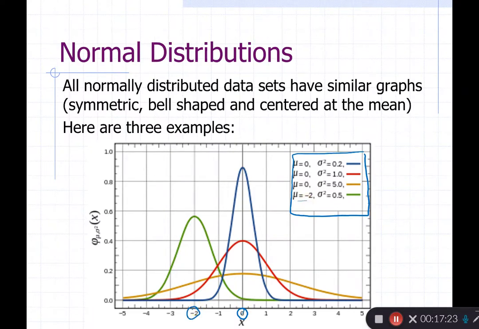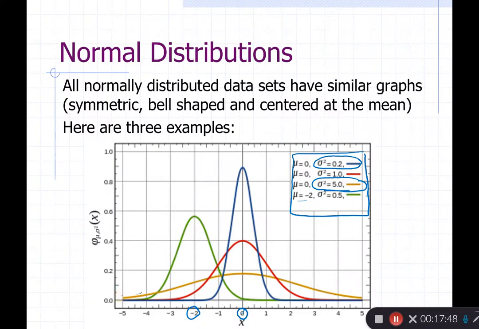So they all have the same basic shape, and some of them are more tightly packed, meaning less variation. So you look at the variance of the blue one. The variance is 0.2. And the variance of the mustard colored graph is 5. So higher variance means the data is more spread out.